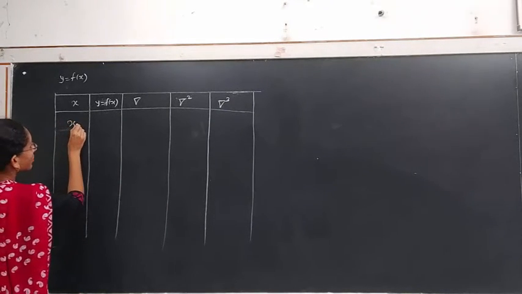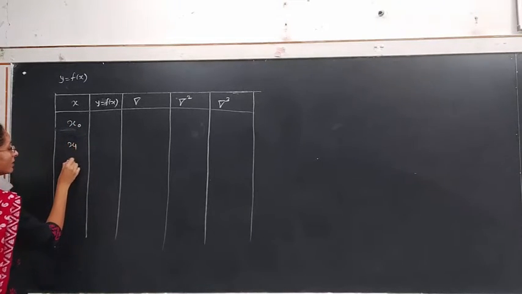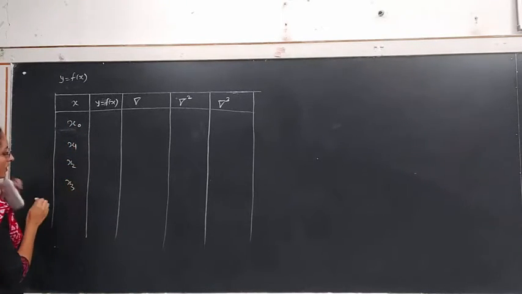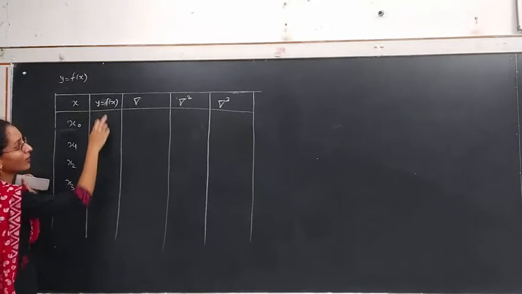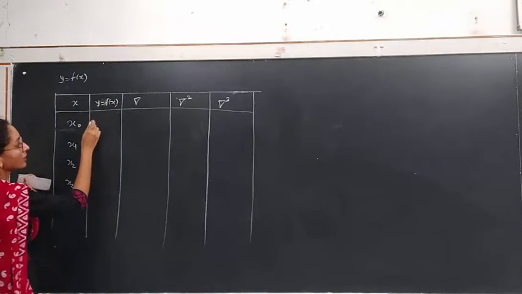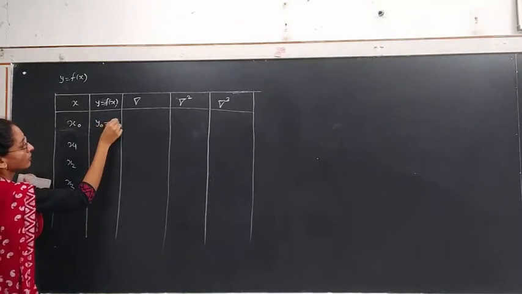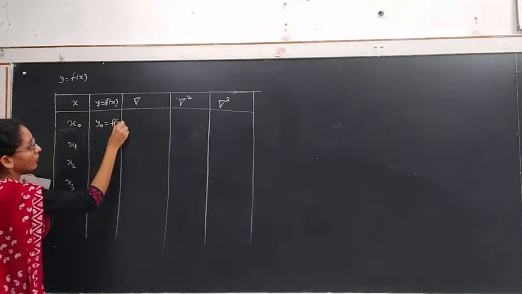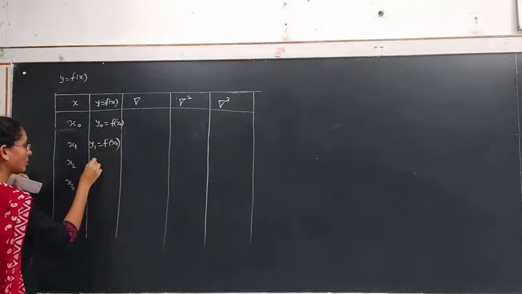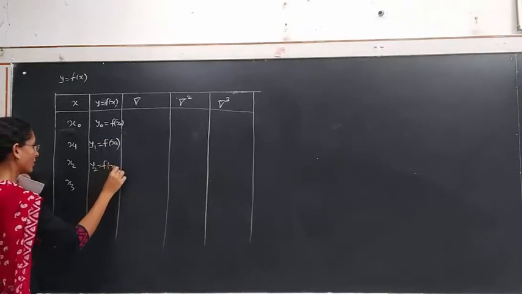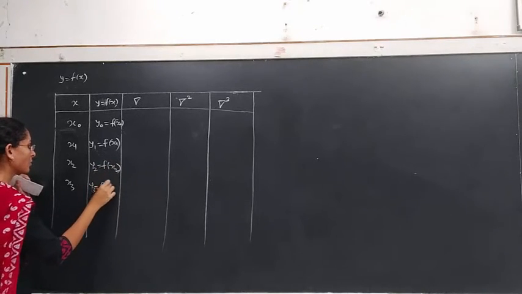Values of x are, suppose, x0, x1, x2, x3. If these are four values of x, then we get corresponding four values of y by using this function. Initial value is y0, which is obtained by taking f of x0. y1 is equal to f of x1, y2 is equal to f of x2, y3 is equal to f of x3.